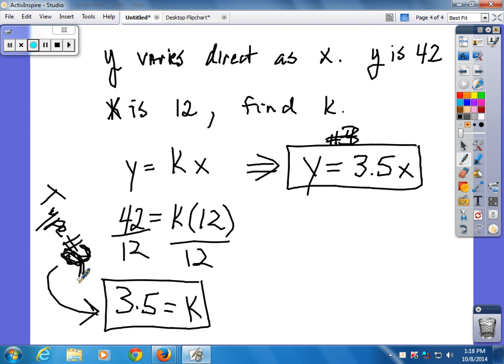Now we're going to do a different one before we move on to number 4. Here's another type of question. It's like here and here, but there's something I didn't put in there. Yeah, I did. I said K never changes.